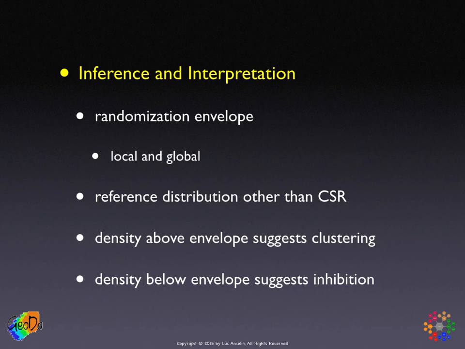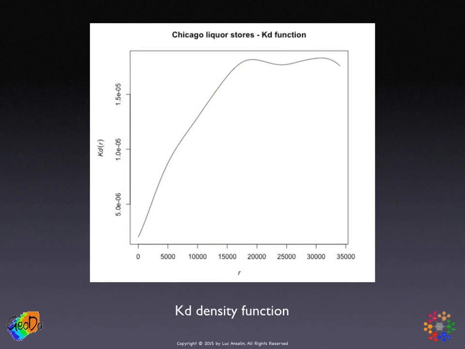In our Chicago example, for the liquor stores, it looks something like this. So this is very different from what we've had before. It's basically a kernel smoothing of a histogram, and up to a relevant distance. Typically, one does not compute this for all the distances, but one stops because at very large distances, the distribution becomes very sparse.